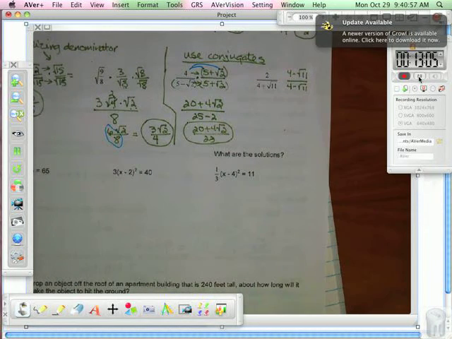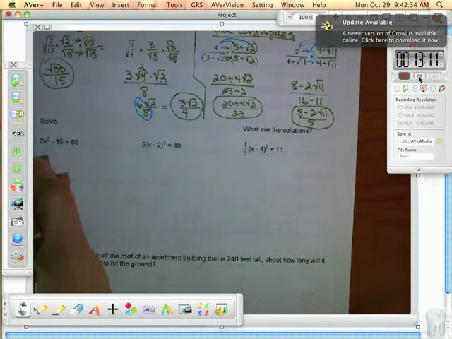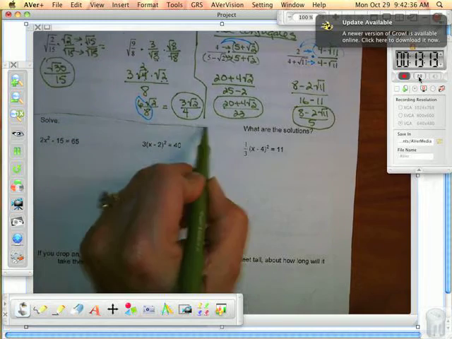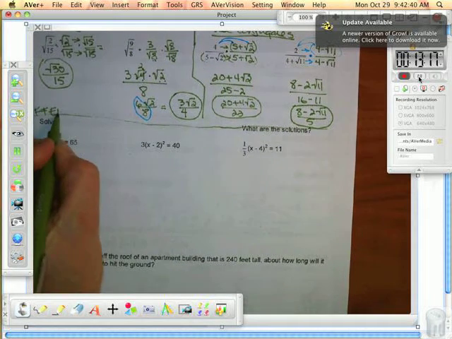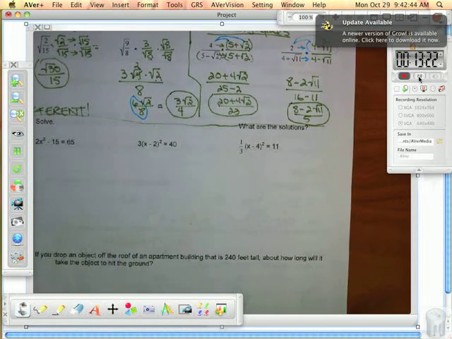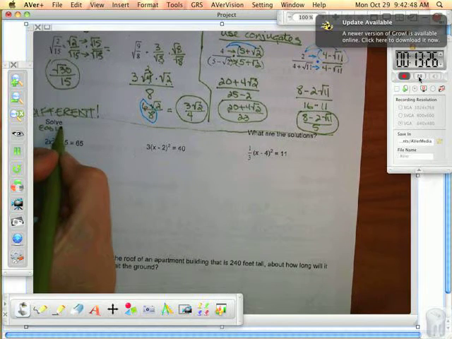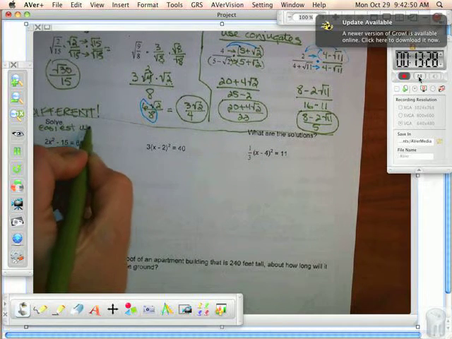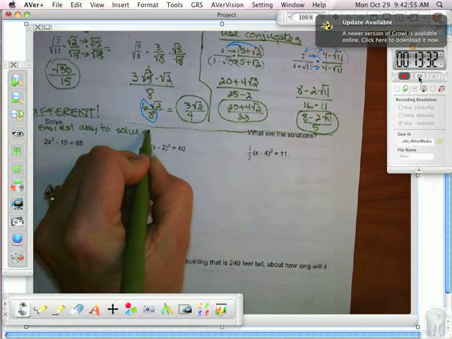Oh, here we go. This is totally different than what we just were doing. Easiest way to solve is get x by itself. Okay?